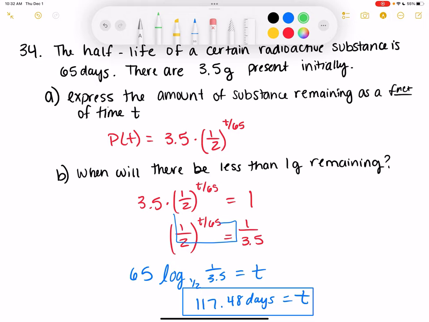And then I probably got what you guys got. Do y'all have an answer? Yes, 117.48. Everybody agree? Yes. 117.48 days. Yeah, guys.